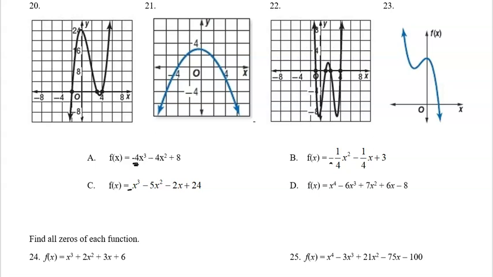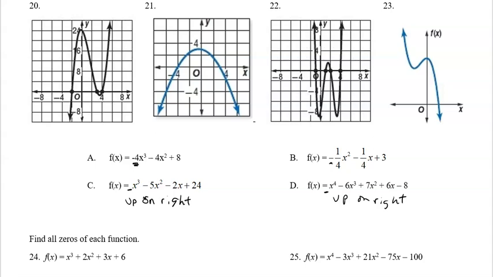So let's see, of our 4 functions here, these two, C and D, have to go up on the right because the lead coefficient is positive. So therefore these have to go down. A and B represent functions that go down on the right.